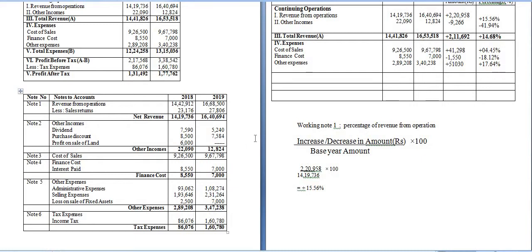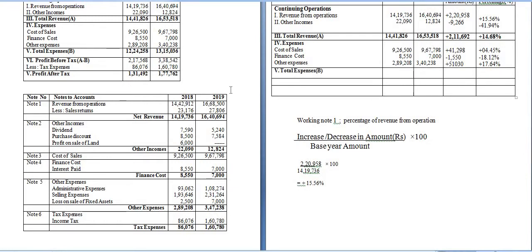Now other expenses are over. Make the total. Next one is total expenses. Okay, so write here total expenses. How much is total expenses? 12,24,258.